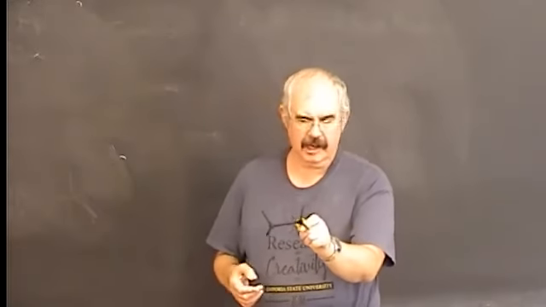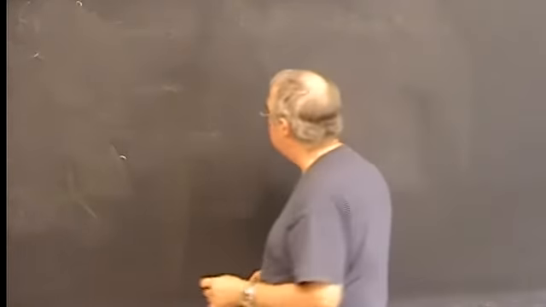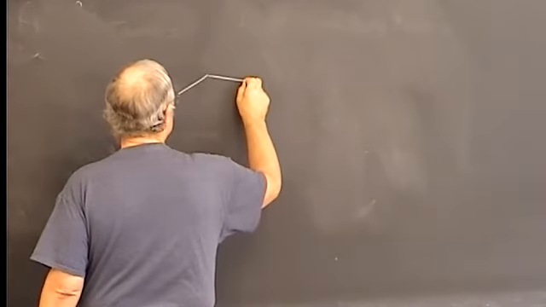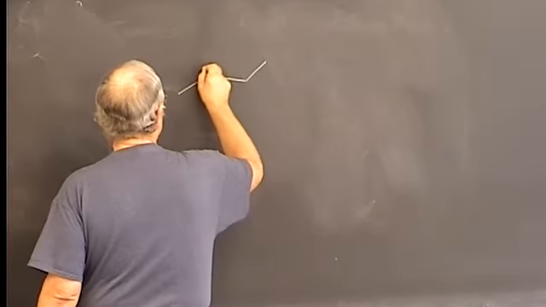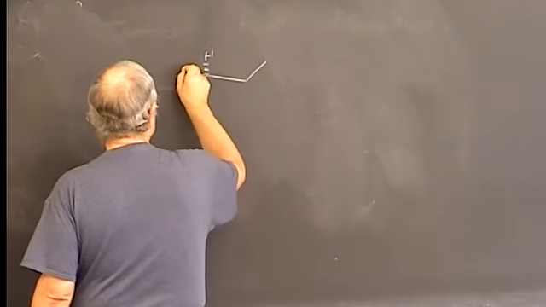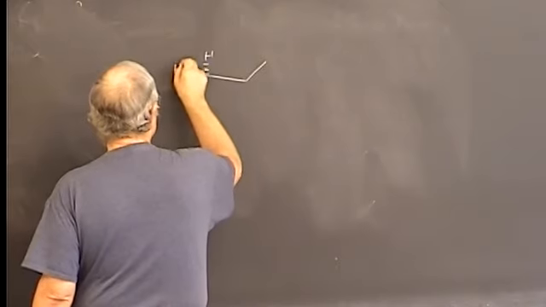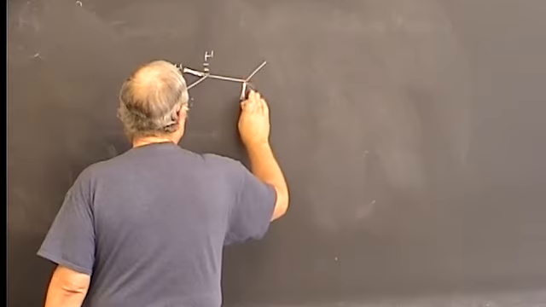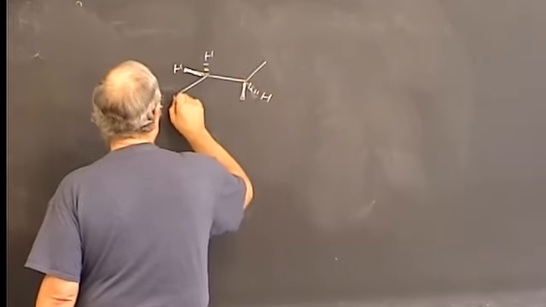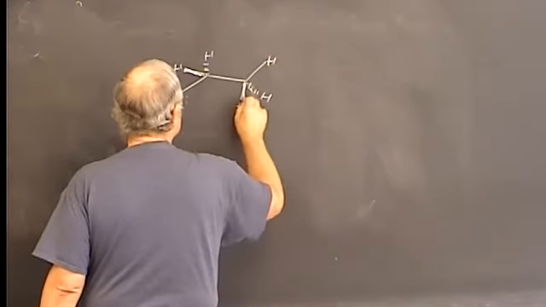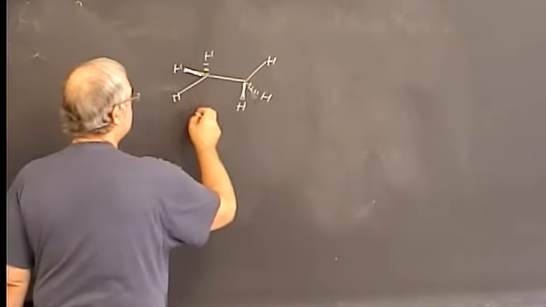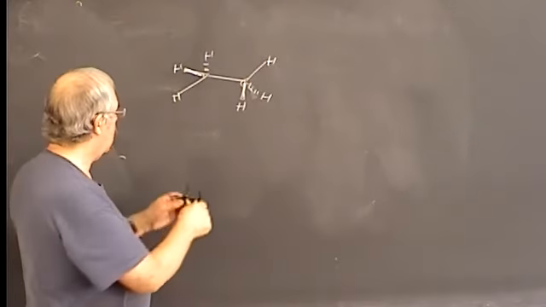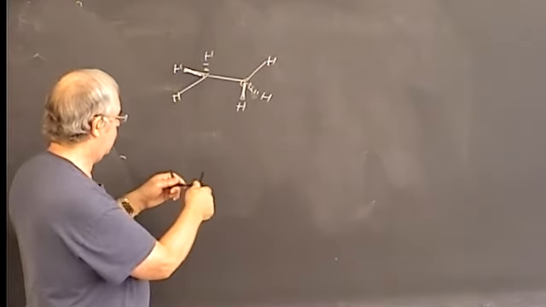Here I have ethane. So these represent carbon atoms, and this would be what we call the staggered form of ethane.